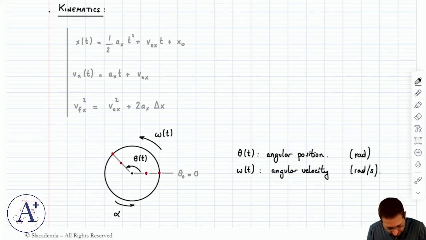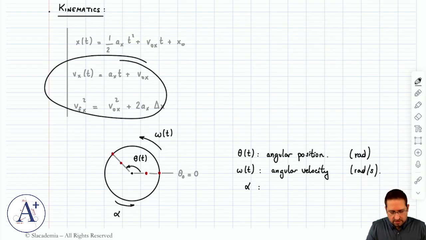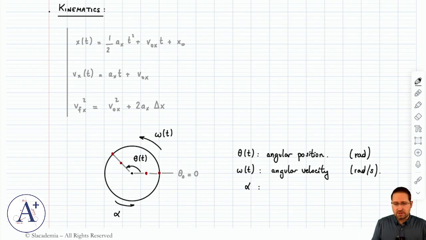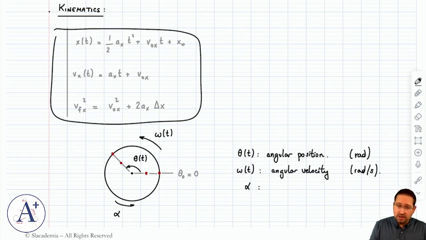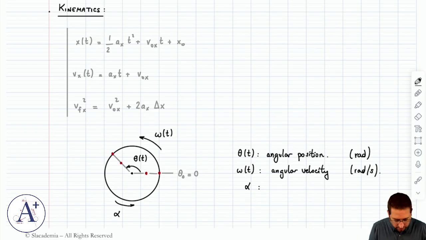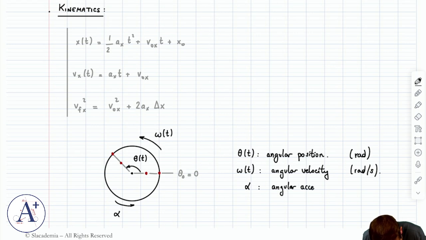And note that I didn't write alpha as a function of time because we're going to make the simplifying assumption, just like we did here, that the acceleration, in this case the angular acceleration, is constant. By the way, these equations here are only valid if a sub x is constant. We talked about that before. So here you're going to get angular acceleration.